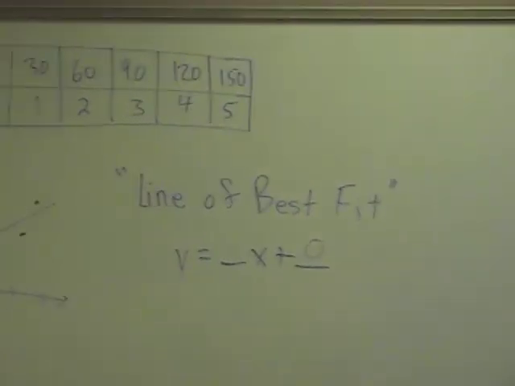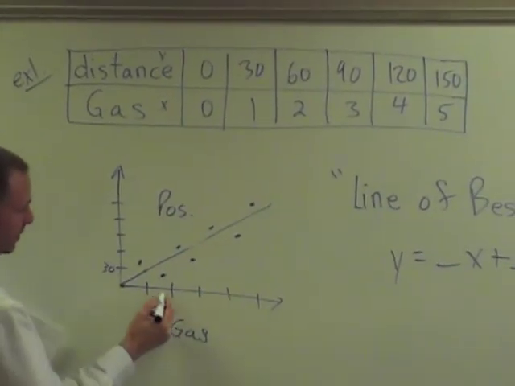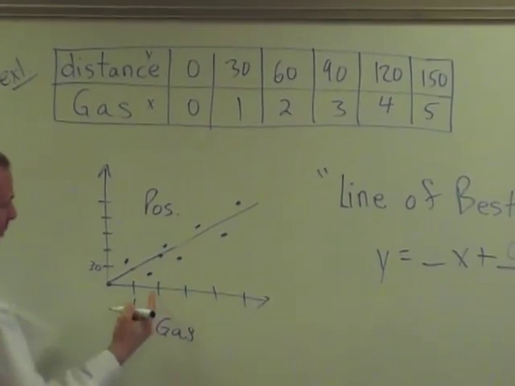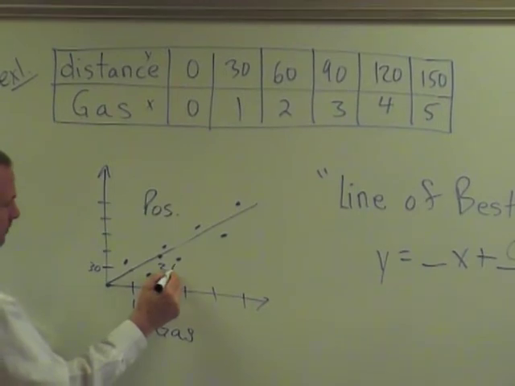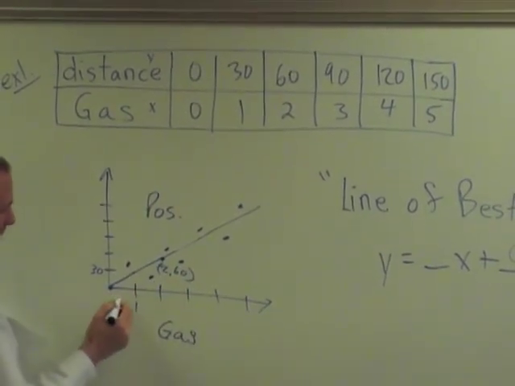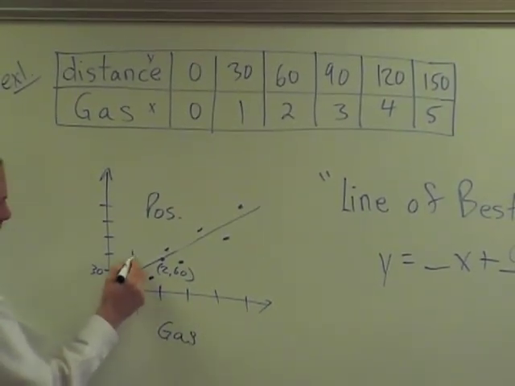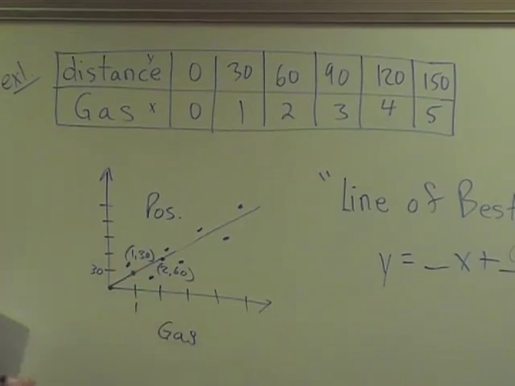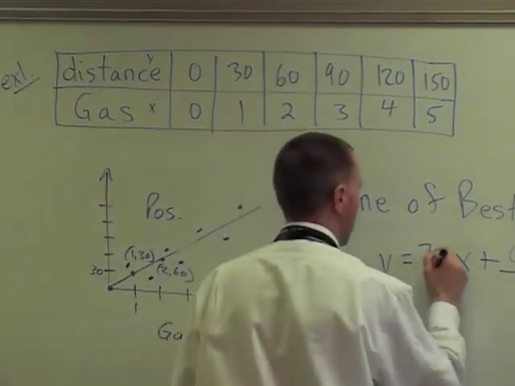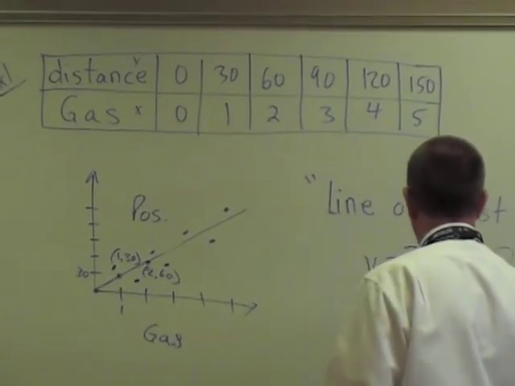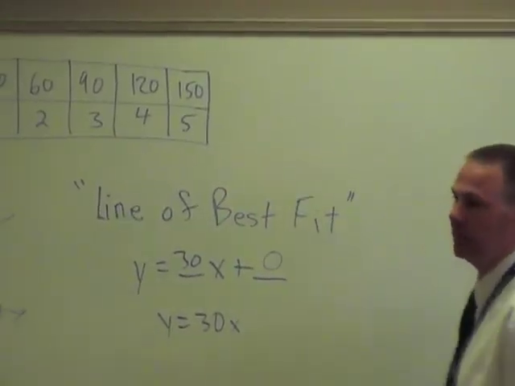So what you need to do is pick 2 points on your line. In this case, let's say I pick that one, 2, 60, and I'm going to pick this one, 1, 30. And now I can find my slope, which should be 30 over 1, which is 30. So this is actually y equals 30x. That's the equation of the line of best fit.